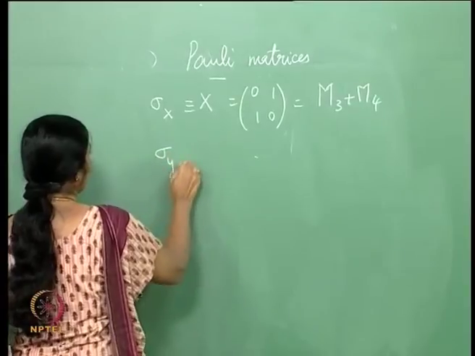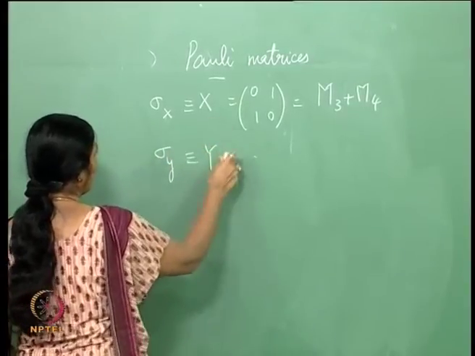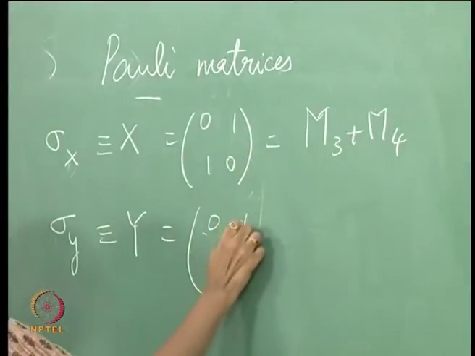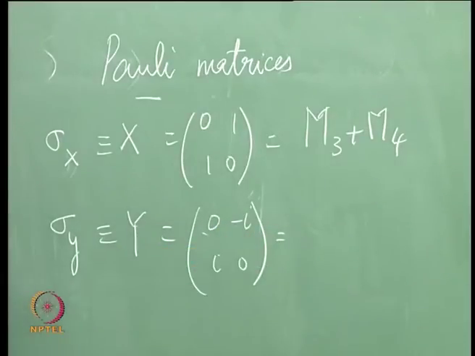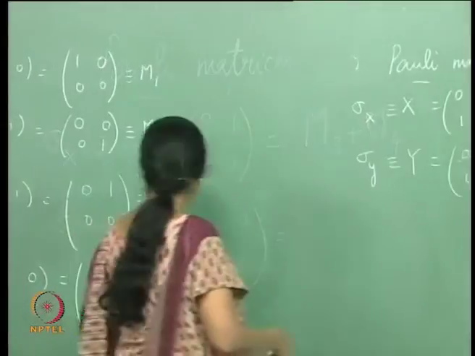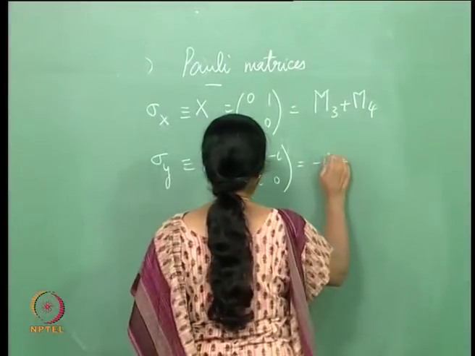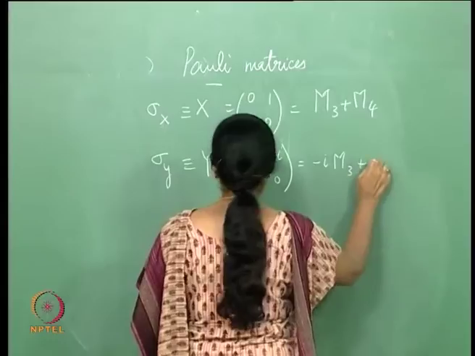Then sigma y, also called Y, is 0 minus i, i 0, where i squared is minus 1. So this is minus i M3 plus i M4.